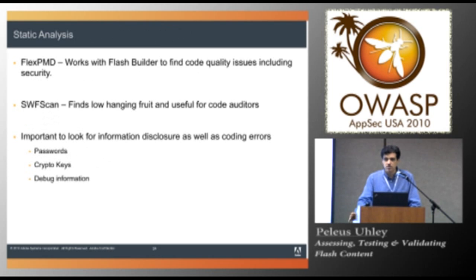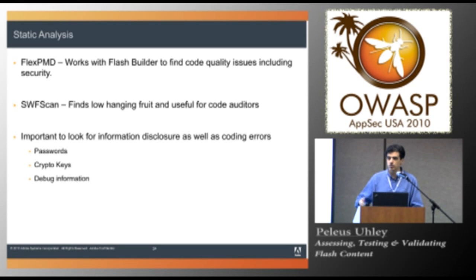As far as static analysis goes, doing it in an automated fashion, there's a tool called FlexPMD. It's a labs project at adobe.com, and it tries to find code quality issues. If you're familiar with Coverity, it might be similar in concept, where Coverity looks for general code quality issues, but it can also look for security issues as a subset of that.